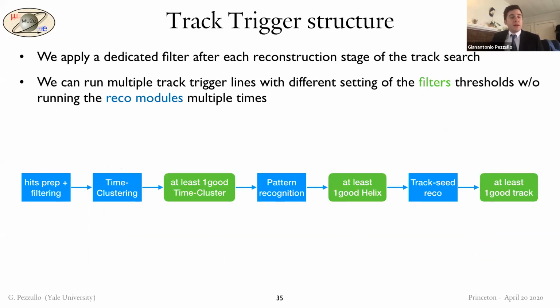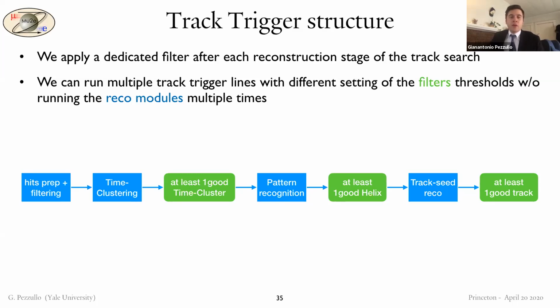So the way we implement the track trigger is essentially by implementing this online reconstruction that I just described, where we add a filter at each stage of the reconstruction. So after the time clustering, after the pattern recognition, and after the track seed. At each of these stages, we have a filter configured. And the nice thing about our framework is that we can instantiate multiple track trigger lines with different configurations of the filters.